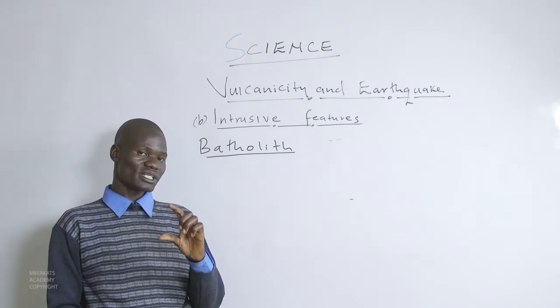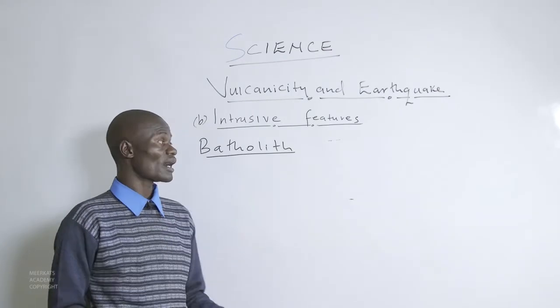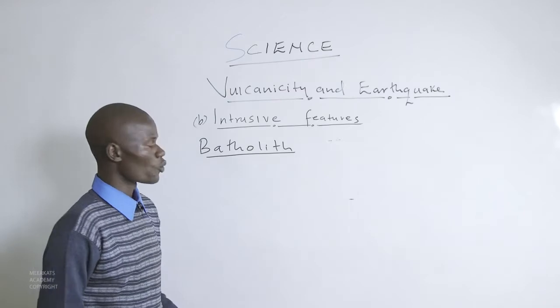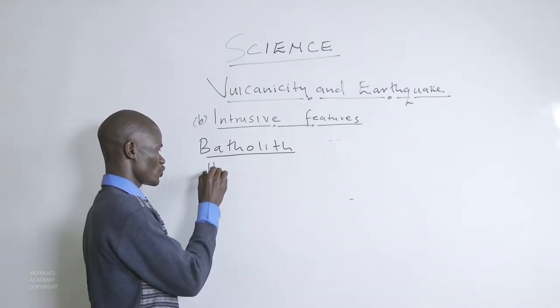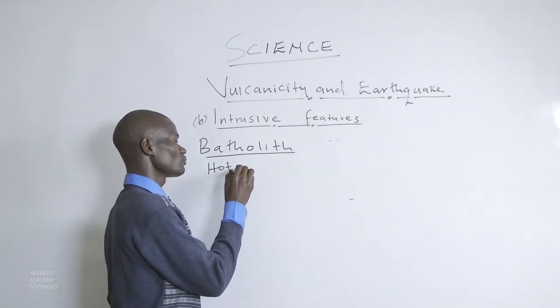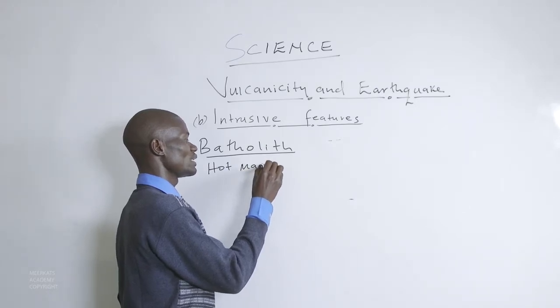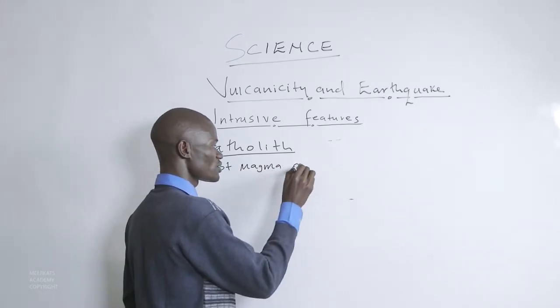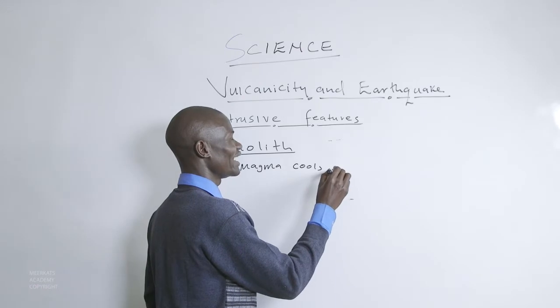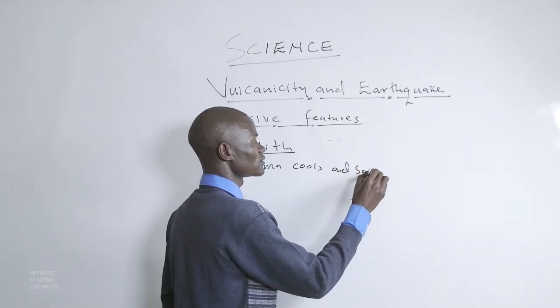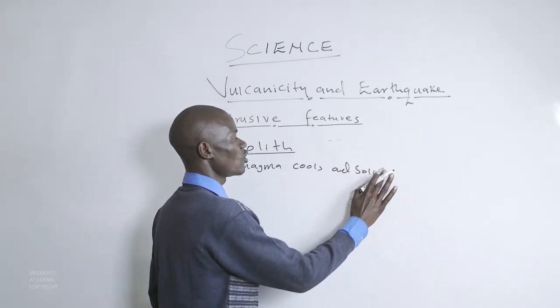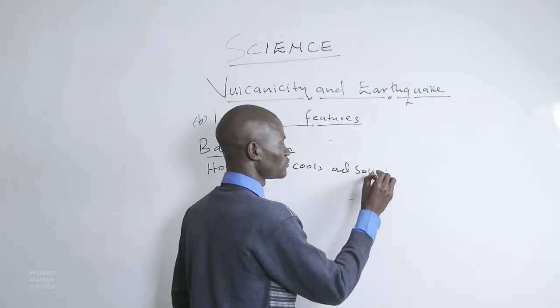But how is a batholith formed? A batholith is formed when the hot magma cools and solidifies.